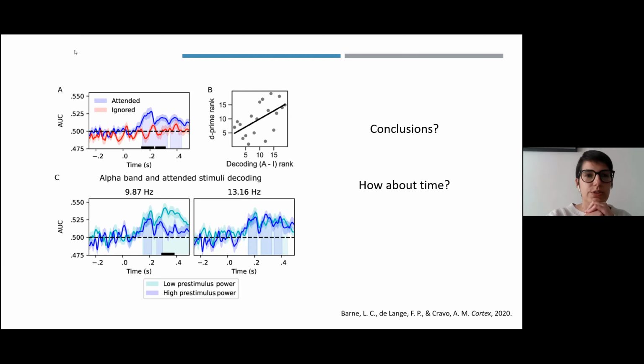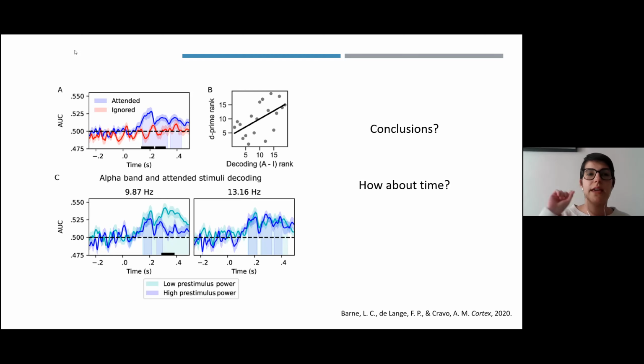So we tried to go a bit further on this question. Since you know the timing and you engage an entrainment with this type of task, but you cannot really dissociate what is driven by entrainment and what is just a matter of evoked responses.